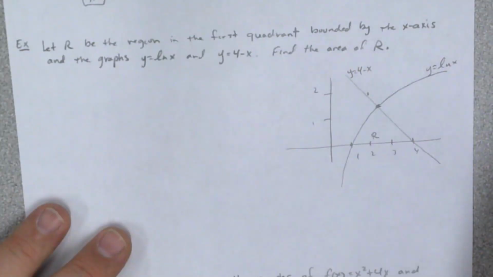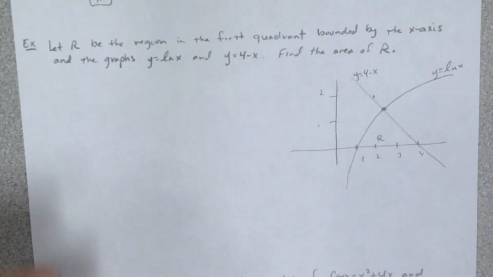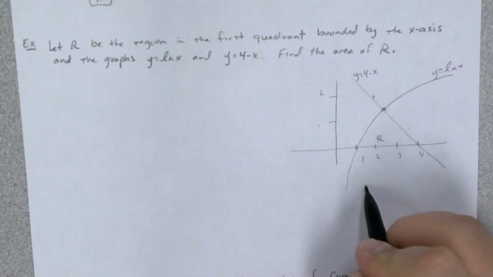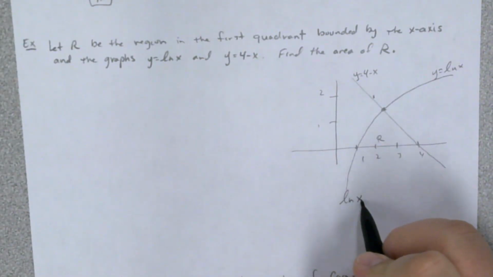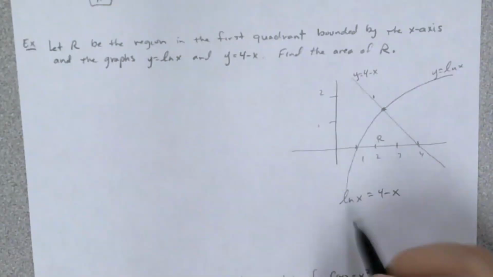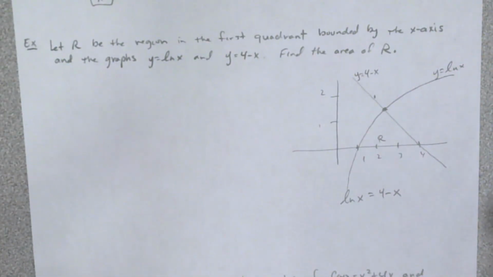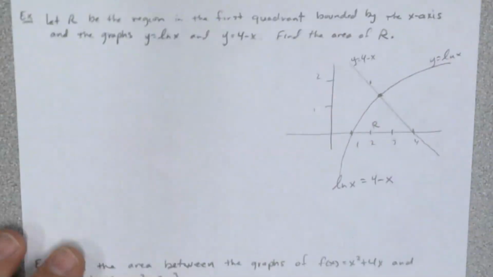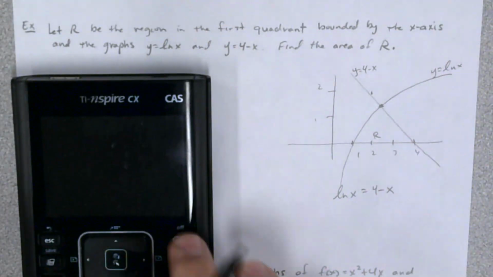Okay? And so what you'll notice here in this problem is we've got to find that point, and that point is found by finding when the natural log of x is equal to 4 minus x. So this is clearly going to be a calculator problem, and so we would type this in on our calculator and graph it out.